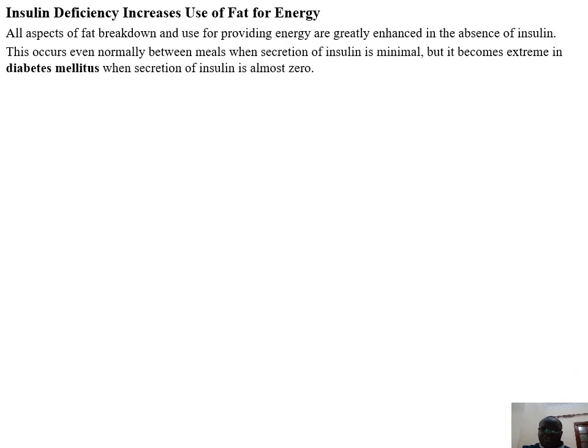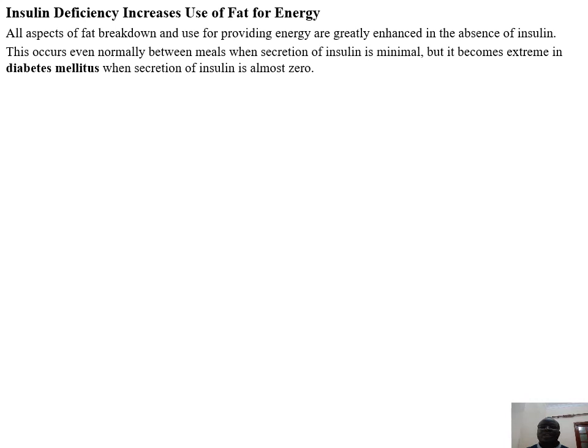Insulin deficiency increases the use of fat for energy. So if you don't have insulin, it's going to increase usage of fat for energy, because now you don't have the glucose. The muscle cells are not internalizing the glucose without insulin, so they'll start using fatty acids.